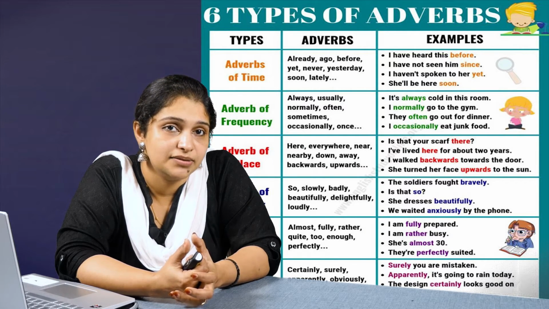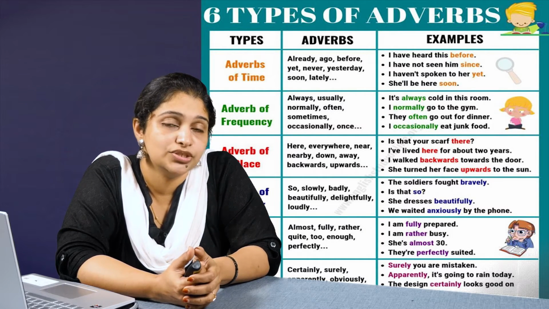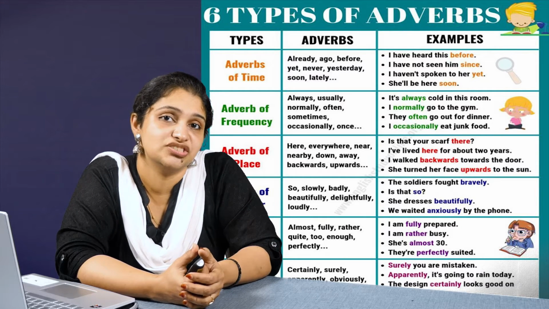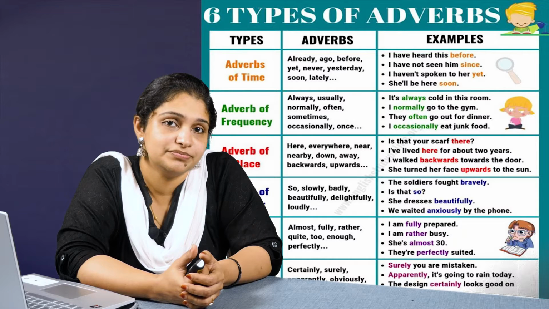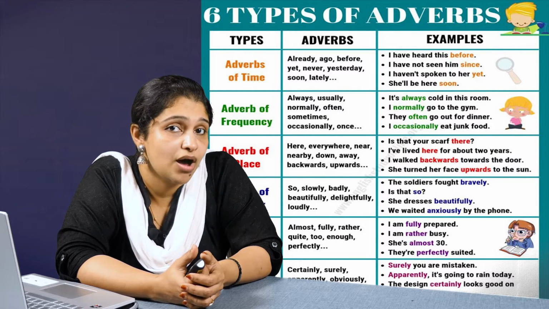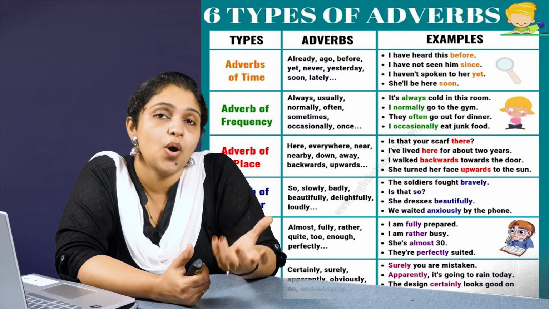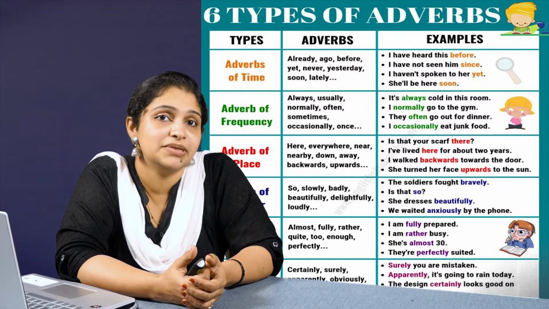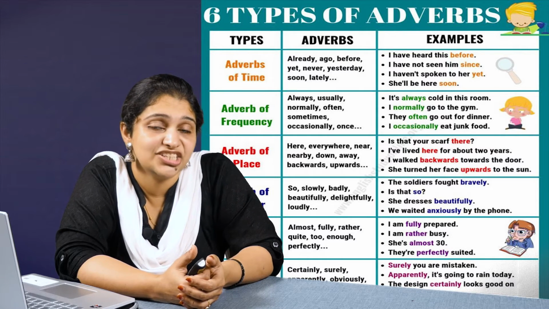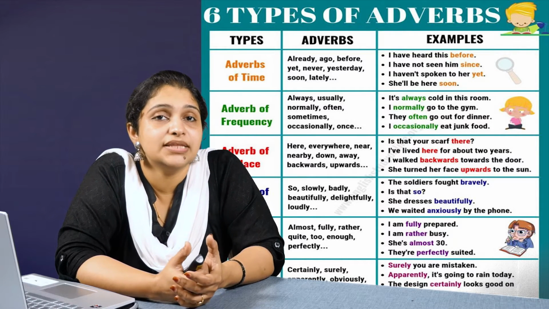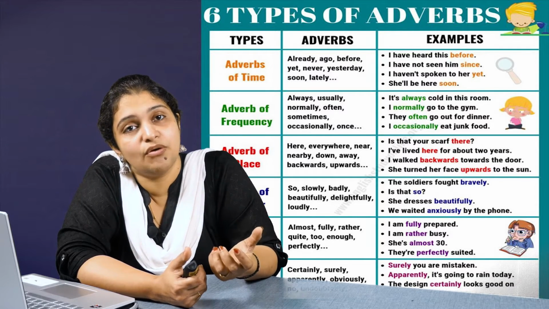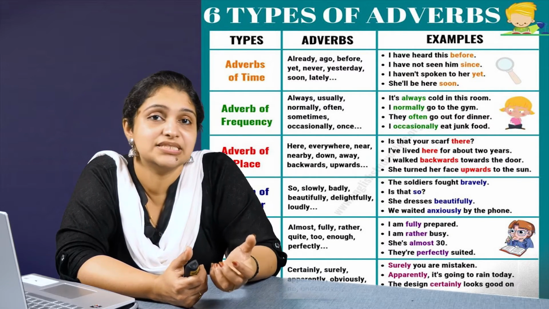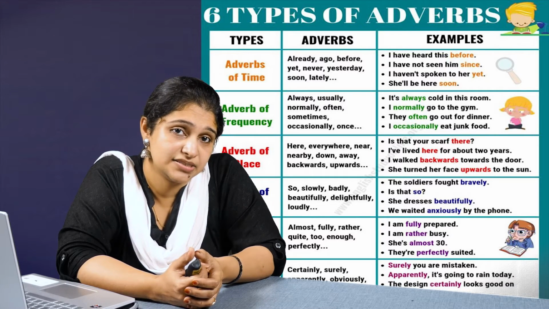And then you can have certain words which show how frequently the action takes place. It is always cold in this room. I normally go to the gym. They often go out for dinner. These words, always, usually, normally, sometimes, occasionally, once, all denote how often this action takes place.